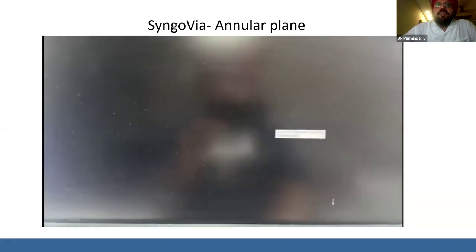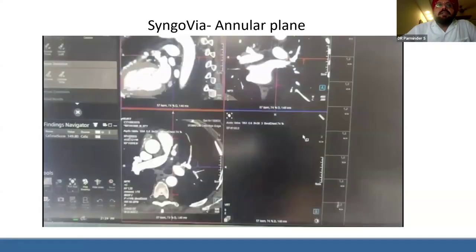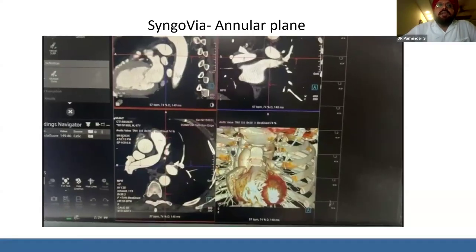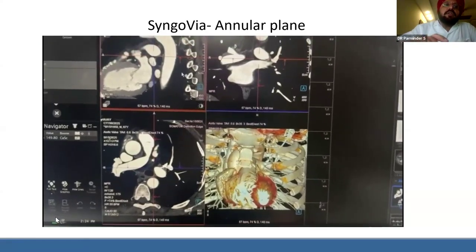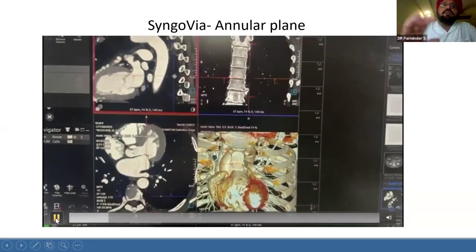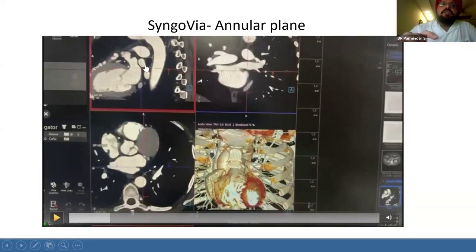Once you do that, we get this kind of thing. Then what we need are these crosshairs. The game in CT is these crosshairs. If you learn how to use these crosshairs, you are done. Half of your job is done.